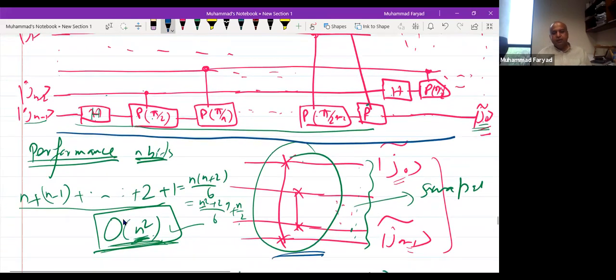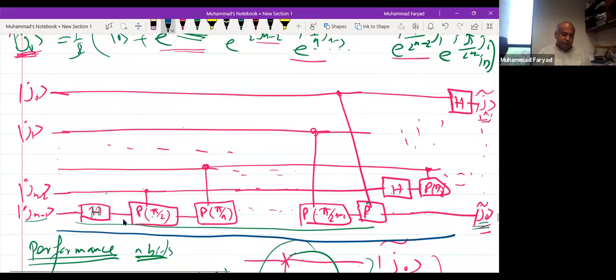So my inverse quantum Fourier transform should first do these swap operations, and then after that it should run this circuit in opposite order. But not only in opposite order, all these phases have to come with a minus sign during the inverse Fourier transform operation, because the inverse of the phase gate is a phase gate with the minus of the phase.